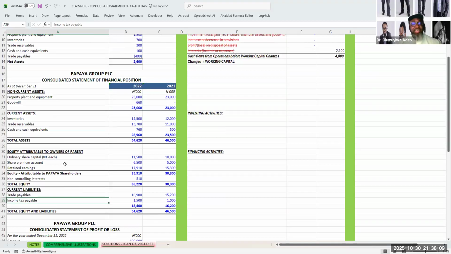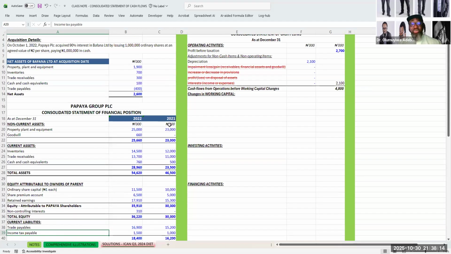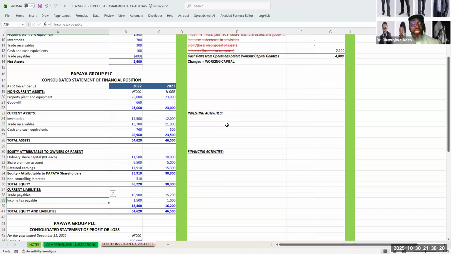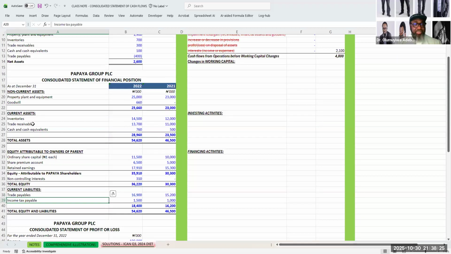But of these 5 items I listed, 2 of them are not going to be considered for the purpose of changes in working capital under cash flow. And what are they? I want you to put it on the chat. Of these 5 items, 2 of them are not going to be a component of changes in working capital. What are they? Put it on the chat and let me see whether some of us flowed through yesterday and even what you guys have done under the single statement of cash flows.